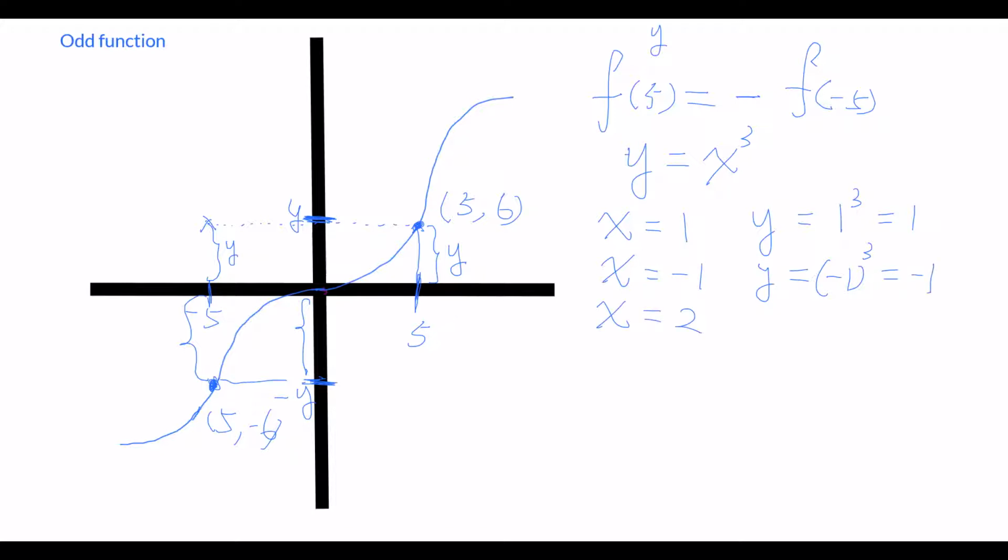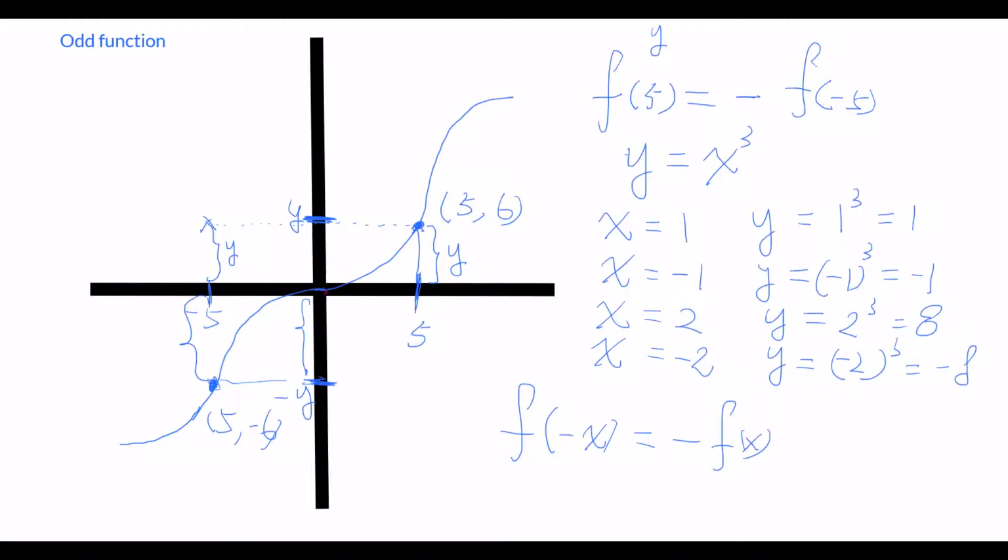If x is 2, y is 2 to the power 3, which is 8. But if x equals minus 2, y equals the cube of minus 2, which becomes minus 8. Therefore, when you are asked to check whether the function is an odd function or not, we check whether f of minus x equals negative f of x. Then we can look at the examples on the next slide.